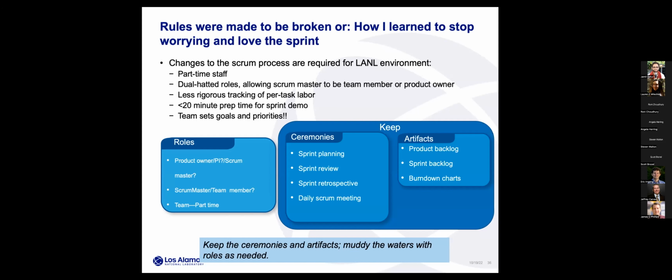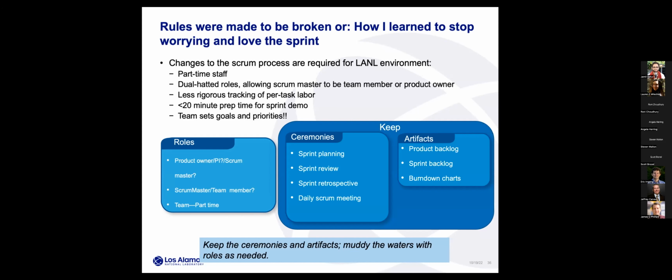It's in how much it helps you and your team. So the changes that I've made in my research environment are that I allow part-time staff, I allow dual-hatted roles, and I allow the Scrum Master to be a team member or a product owner.